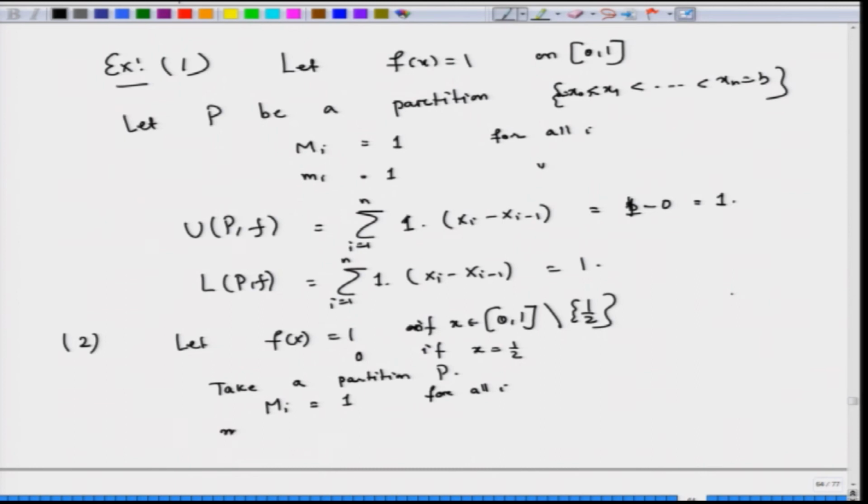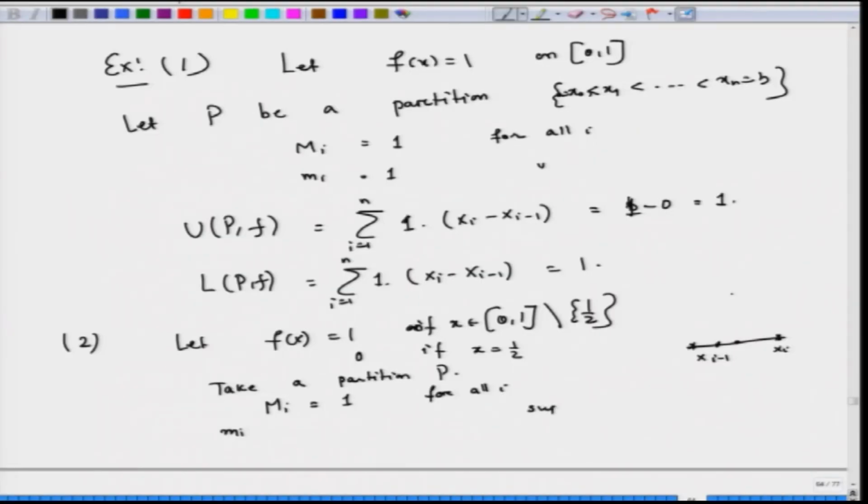Now, let us compute mi, small mi. There can be two cases. Half can be somewhere here, or half can be the end point of this subinterval. If half is here, then we need to only consider one subinterval, and if half is at the end point, then we may have to consider two subintervals.